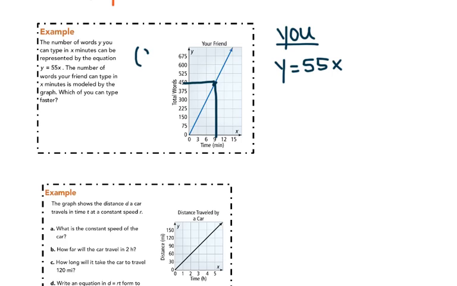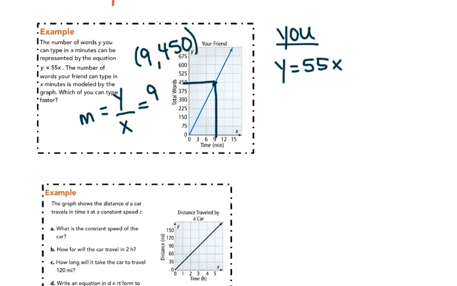So the point 9, 450 is easy to identify on the graph, and from our work yesterday in section 5.1, we learned that the m value is always going to be y divided by x. So I'm going to take my y value, and my y value is 450, and I'm going to divide it by my x value, 9.